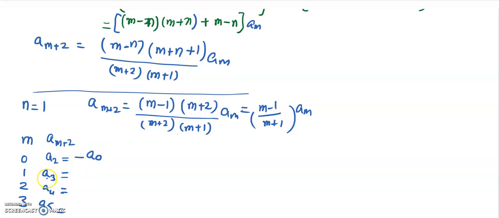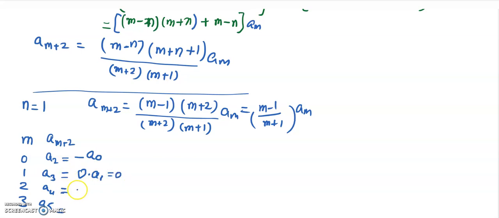Okay, and then a3 will be in terms of, because it is 1 minus 1, so that will be 0, so 0 times a1. Okay, so that will be 0 actually.